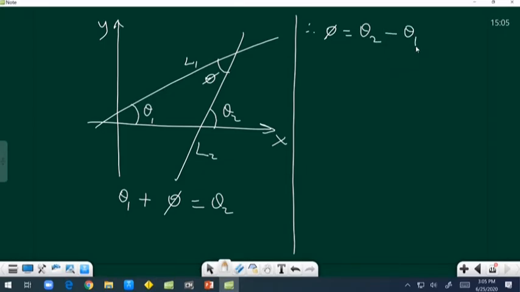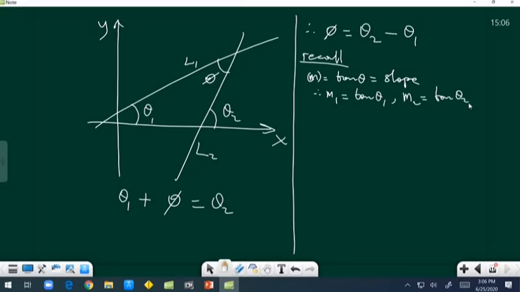So if phi equals theta 2 minus theta 1, we recall that m is equal to tan theta, where m is the slope. We can say that m1 is equal to tan theta 1, and m2 is equal to tan theta 2. So we have m1 and m2.